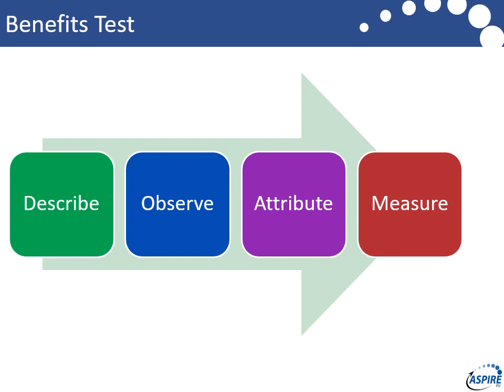Is it something from central government? Who has got their name on the can for delivering it, and how are you going to measure it? Is it crime reduction? Is it graffiti? Is it accidents? Is it pollution? Is it public health? What is it that you're going to measure to prove that you've delivered that benefit? Okay, so always remember the DOME test. It's one of the most important things.